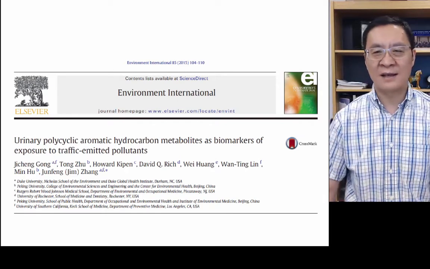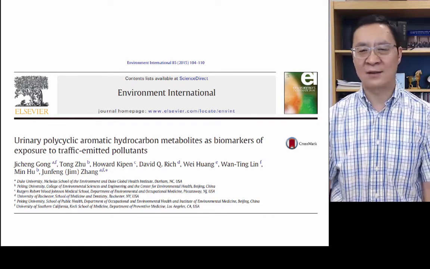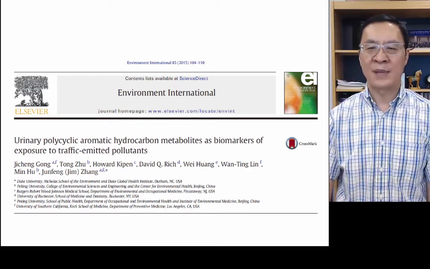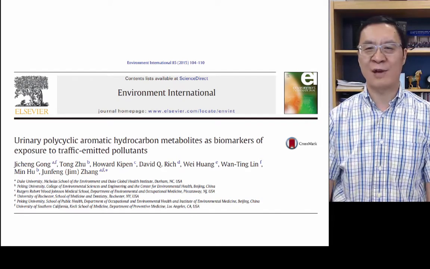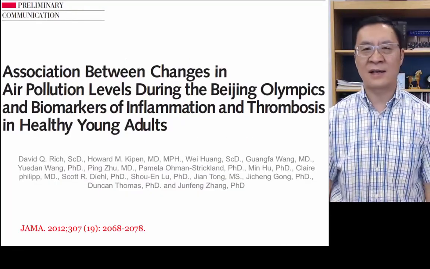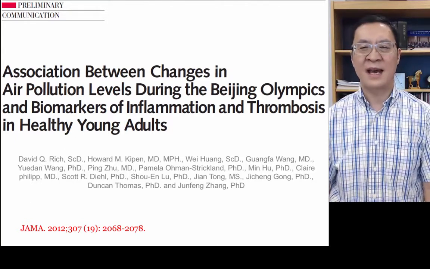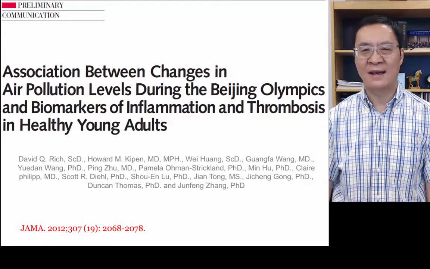This one is a paper we published recently about urinary metabolites of PAHs. They are correlated with the exposure to traffic-emitted pollutants. Another study is looking at changes in air pollution levels during the Beijing Olympics and biomarkers of inflammation and thrombosis in healthy young adults.